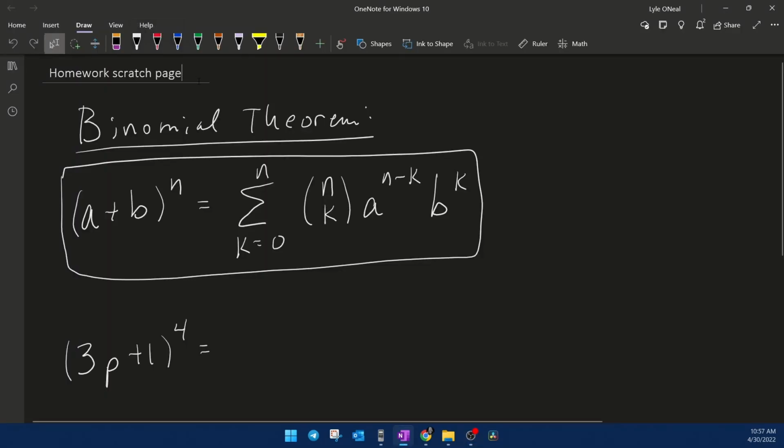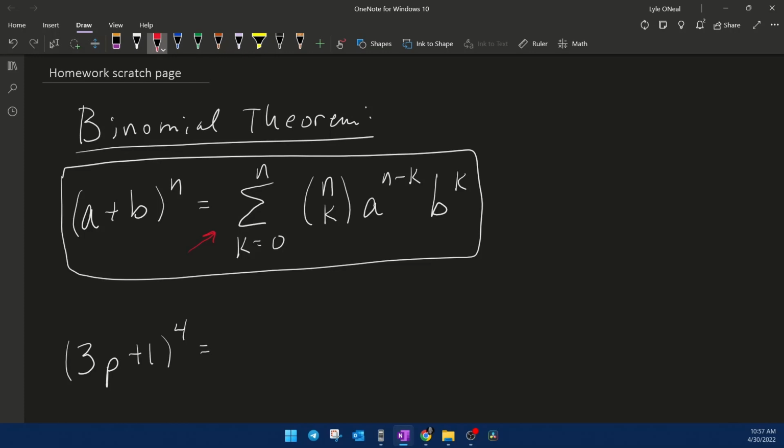All right, in our scratch work, I have written down the formula for the Binomial Theorem. Talking our way through this, it says if you have (a plus b) to the n, in other words, a binomial expression raised to a power, you can expand that expression through multiplication.